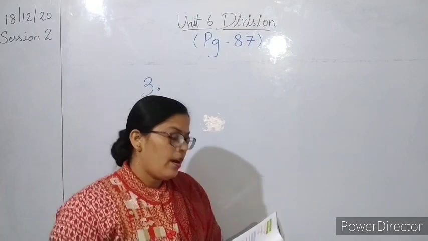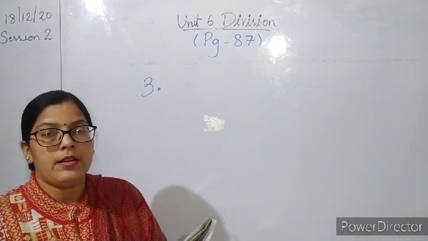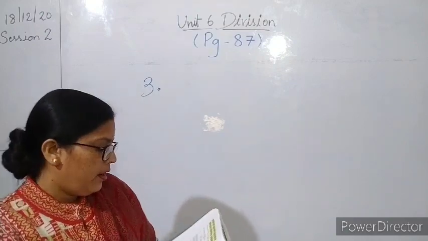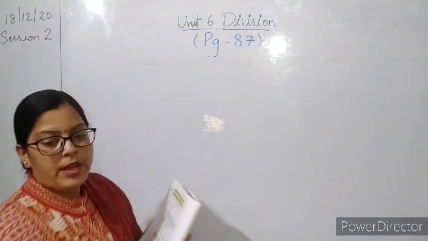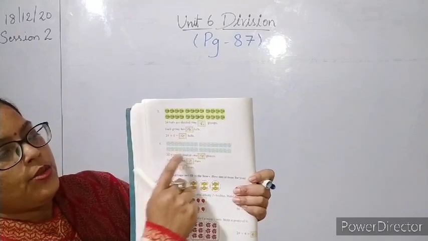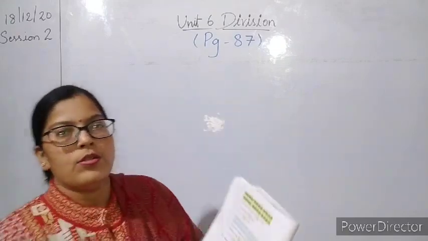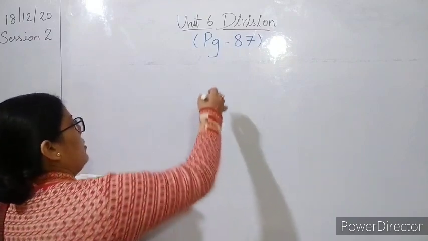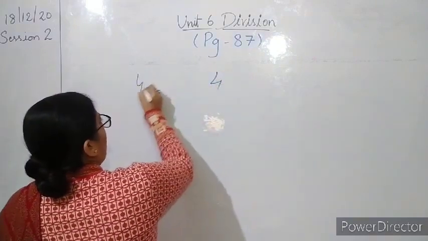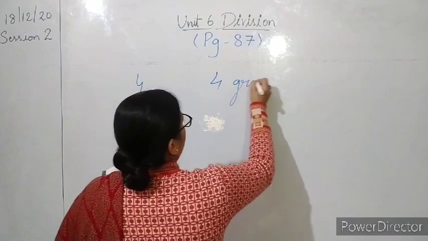Just find out in how many groups these 32 stars are divided. It is 4. Okay, how many groups are made? 1, 2, 3 and 4. So stars are divided into 4 groups. So in the first block you have to write 4 groups.